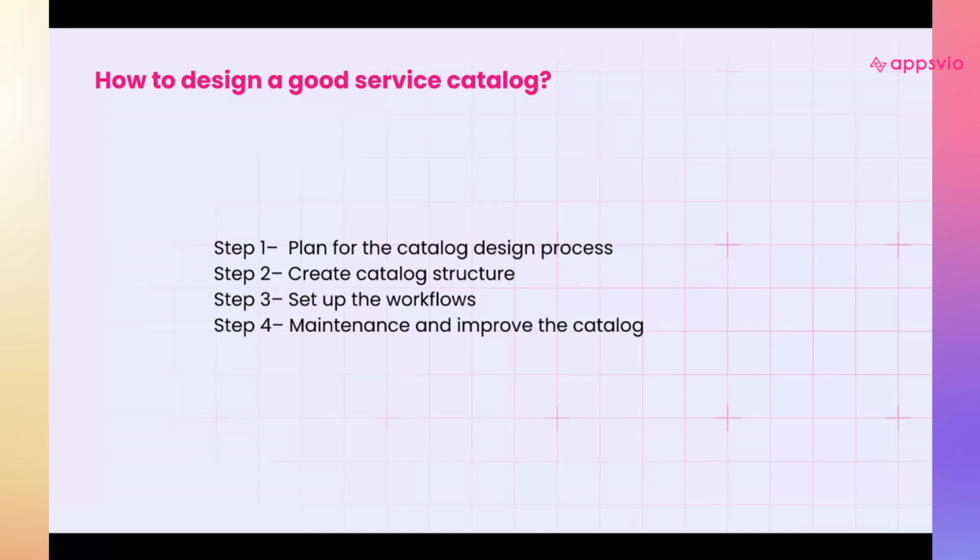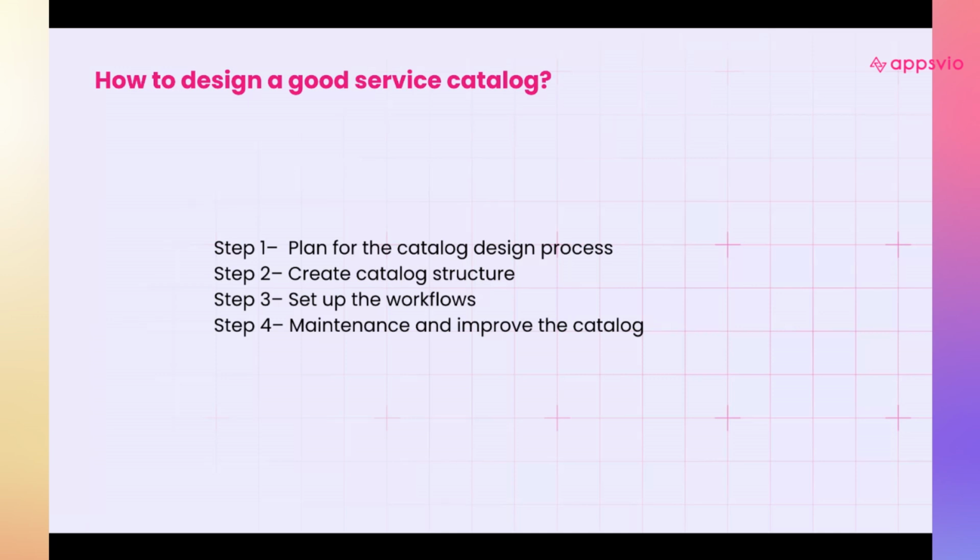Step 2: create the catalog structure, define a list of available services, define how customers will create service requests from the catalog. Will it be only the portal channel, or email channel, or maybe something else? Step 3: set up the workflows, define statuses, transitions, SLAs, teams, and many more.